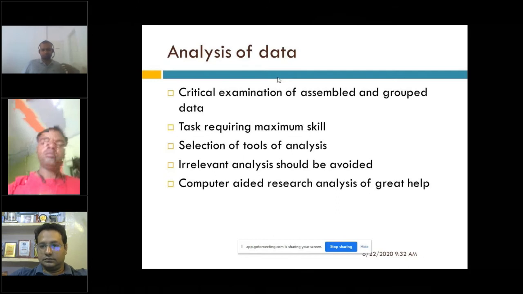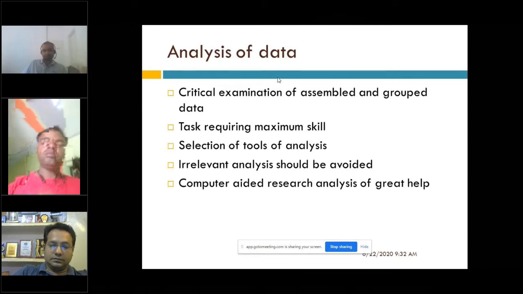We get a big questionnaire, and we get so many arrays of data, and we try to use each and every data for our analysis. So it is not required. Whatever objectives we are having, pinpointed objectives, we should have pinpointed analysis just against the objectives of the research.